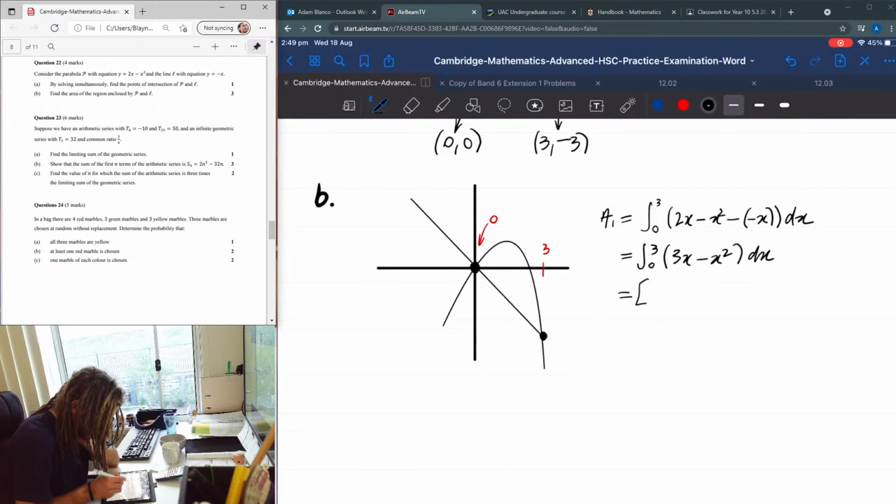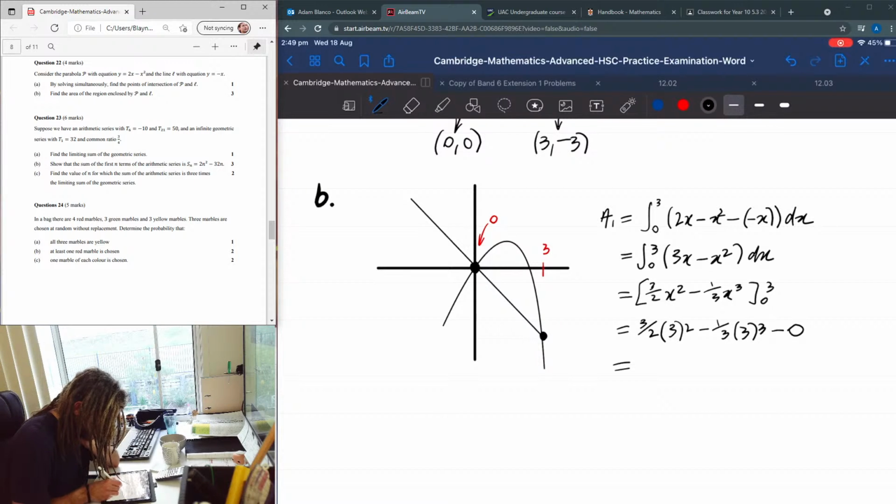I integrate that. I raise the power and divide, so 3 on 2 x squared, minus 1 on 3 x cubed, between 0 and 3. That's going to be 3 on 2 times 3 squared minus 1 on 3 times 3 cubed. The whole rest of it's going to be 0, so that's minus 0. 3 squared is 9, 9 times 3 is 27, so that's 27 on 2.